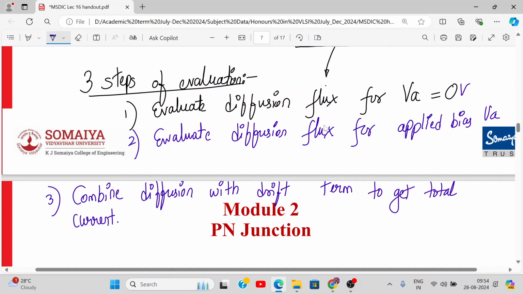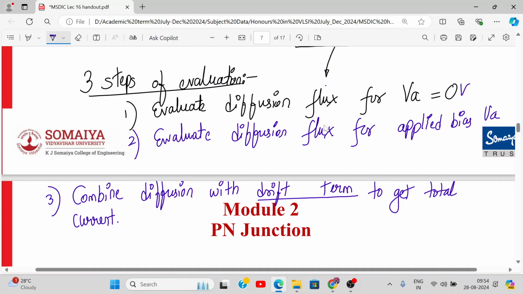Now you will ask why the drift term is coming. The drift term is coming only in the reverse bias, because in a reverse bias, minority charge carriers come into the picture, and there is a small amount of current. That small amount of current is due to drift. So at the end we combine diffusion and drift terms to get the total current. All right?